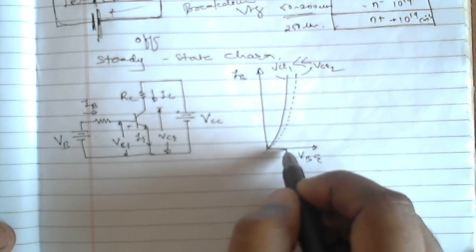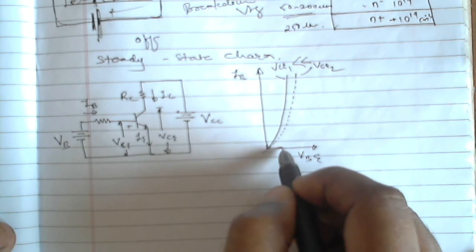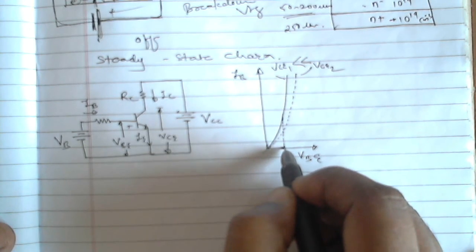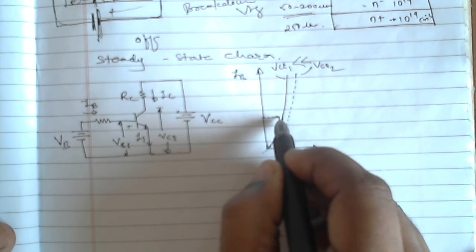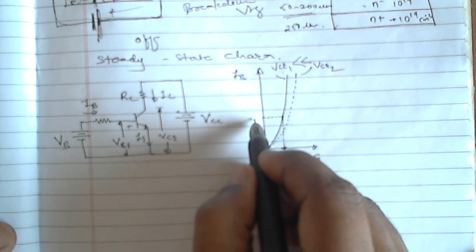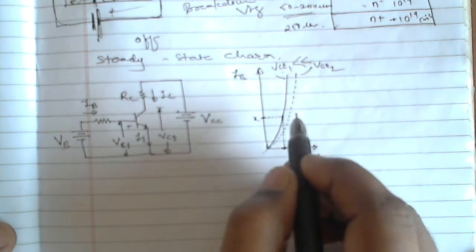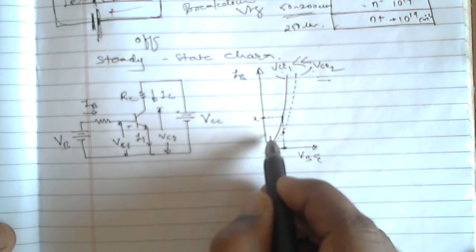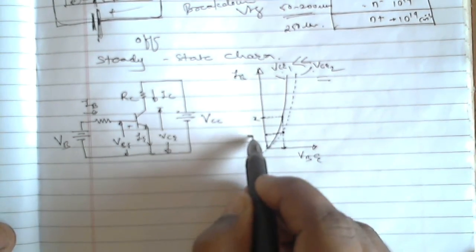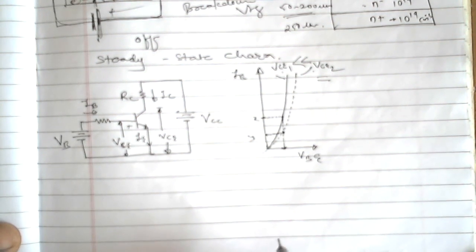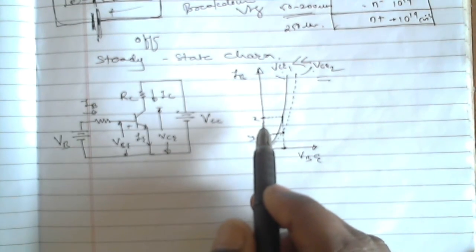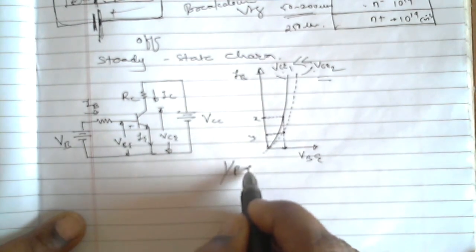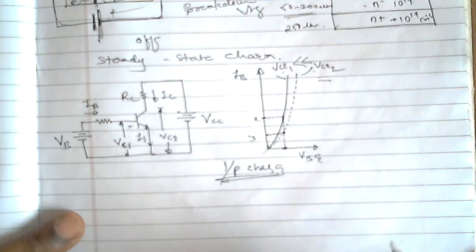Consider this particular point. You can see for less collector emitter voltage, we require this amount of base current. But if the collector emitter voltage is increased, then we require this much less base current. Now this is the input characteristics. Don't get confused.